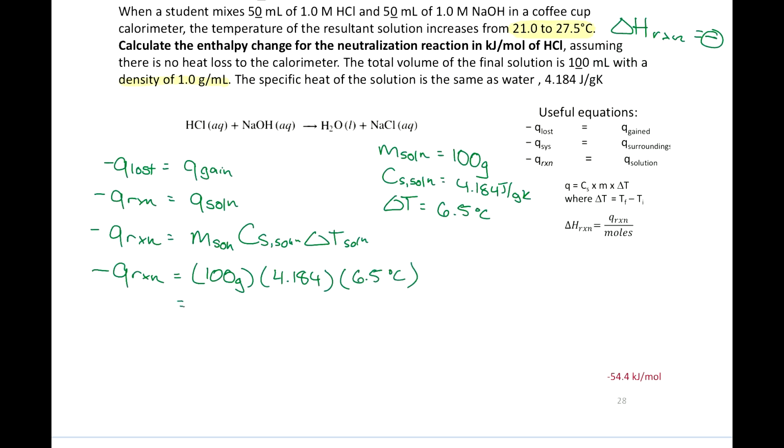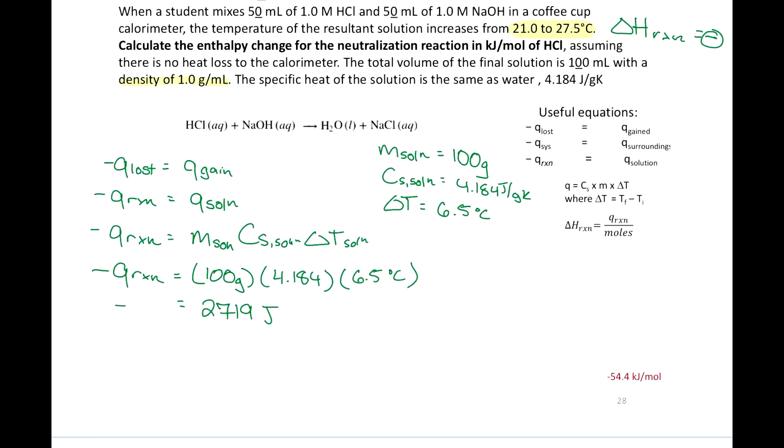All right, so we just calculated that the solution gained how much heat? Let's see, 2,719 joules, right? That's how much heat our solution gained via its mass, its specific heat, and its temperature change. That heat came from where? The reaction.